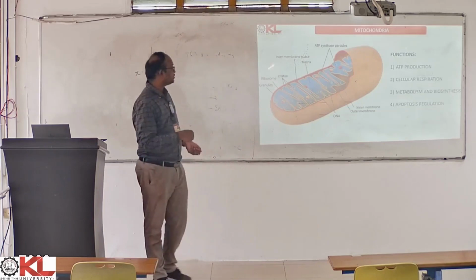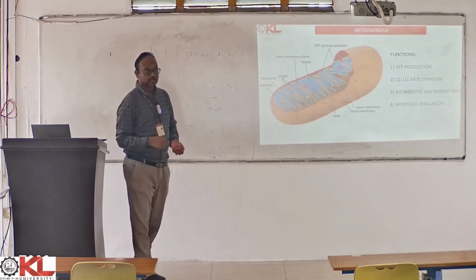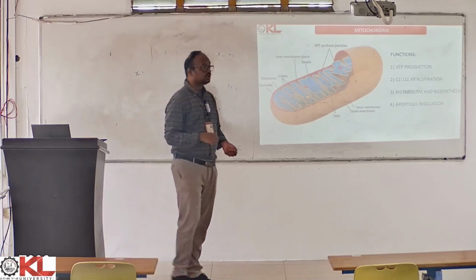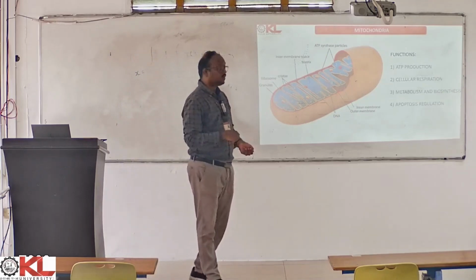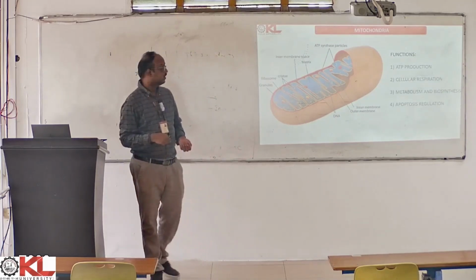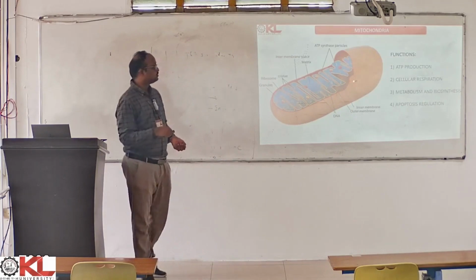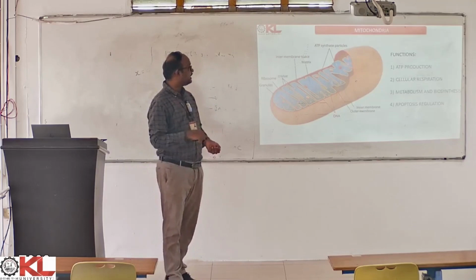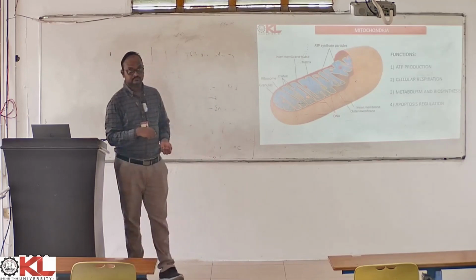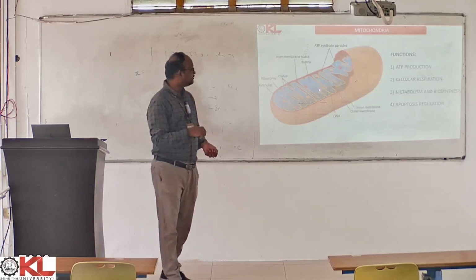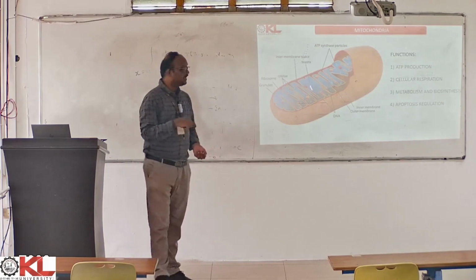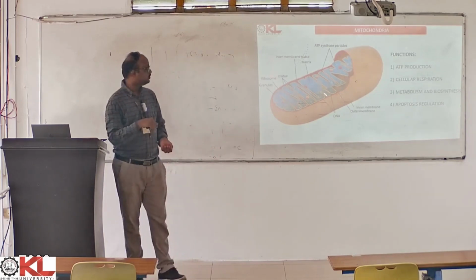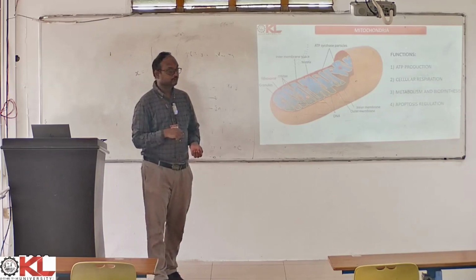So how does mitochondria structurally look? Mitochondria is a double membrane bound intracellular organelle. That means it has two membranes on its envelope, the outer membrane and the inner membrane. The inner membrane is again invaginated into several folds called cristae.